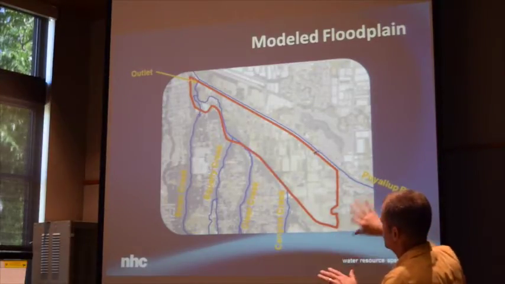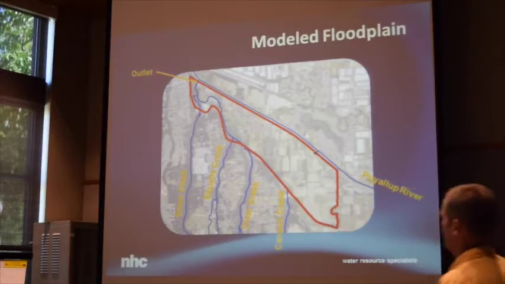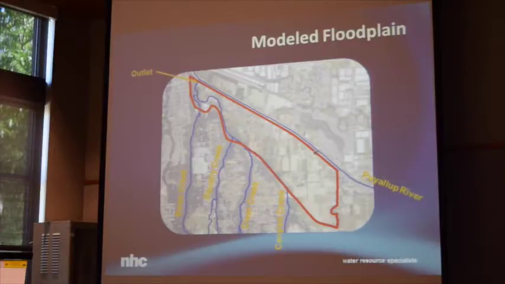The story that's being told is what the bar chart showed, that there's less available storage, and so stages are going to be higher more often at the more frequent events. Right, they'll be higher more often, but they might not go way above. Yeah, there's a limit to how high it could go.